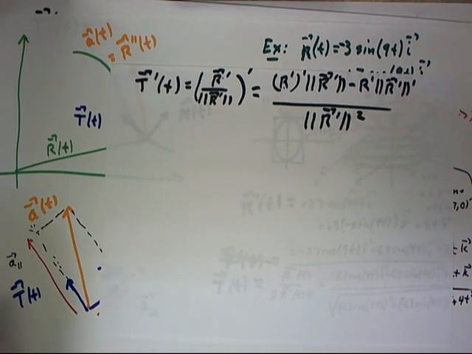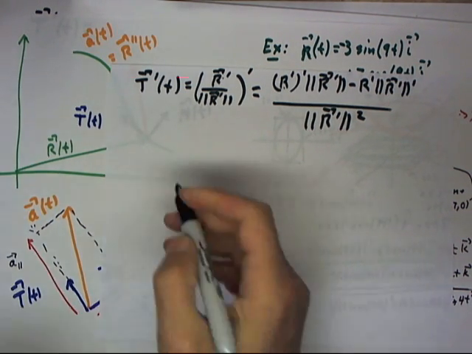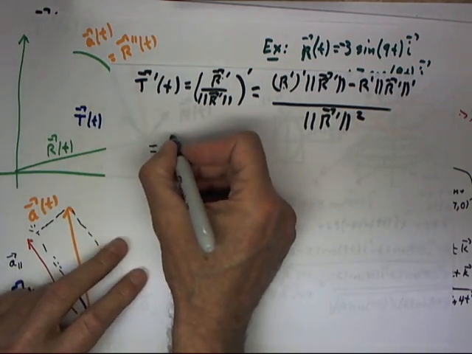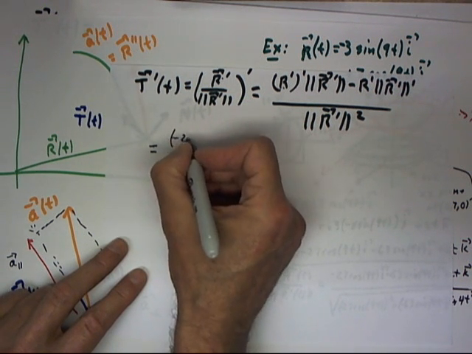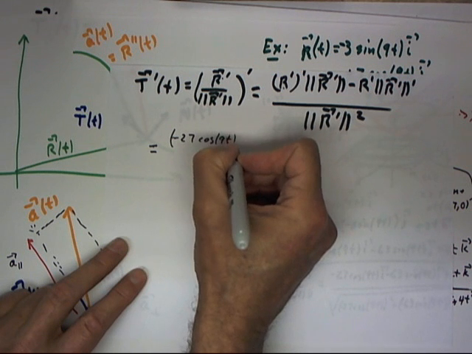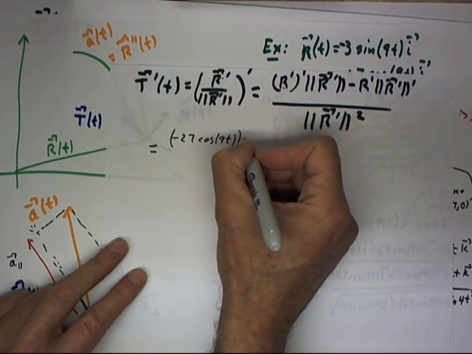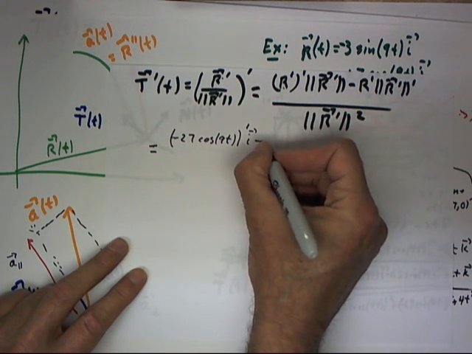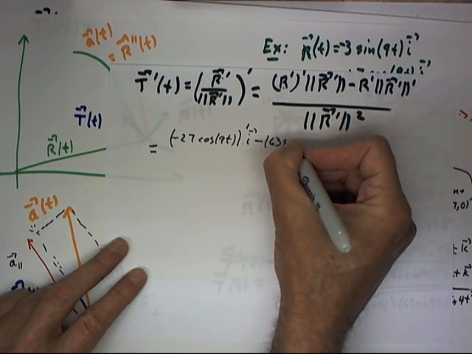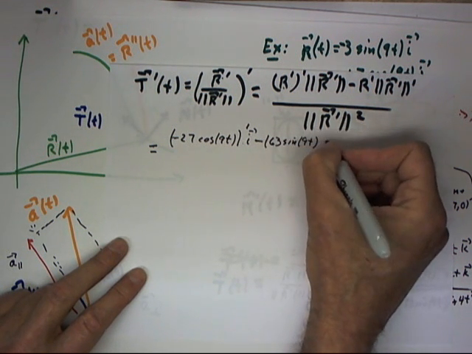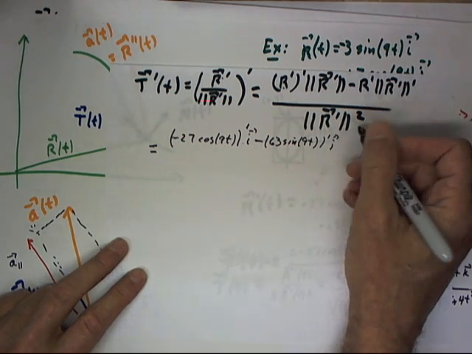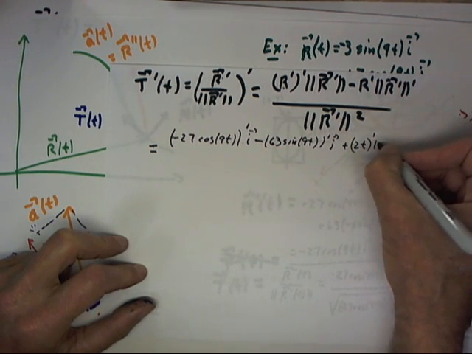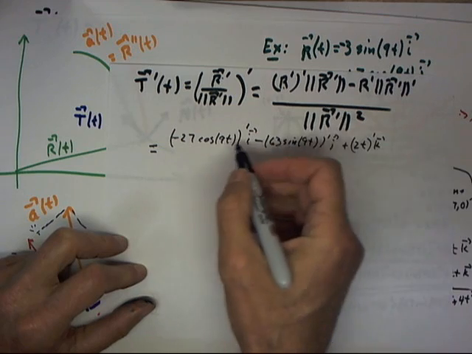And that's going to come out. I'm going to switch to a smaller, sharper pen here. Okay. Negative 27 cosine of 9t prime times i, minus 63 sine of 9t prime times j, plus 2t quantity prime times k, where the prime indicates derivative with respect to t.